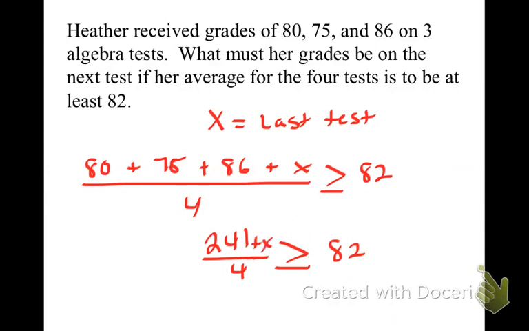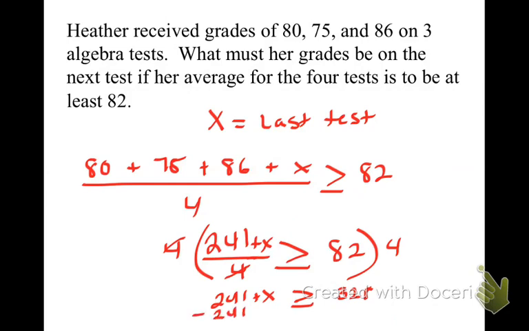Plus x. Okay, so step 1, let's clear our denominator. Fractions are always difficult to deal with, so we're going to multiply both sides by 4. And when I do that, I get 241 plus x is greater than or equal to 8 and 32.